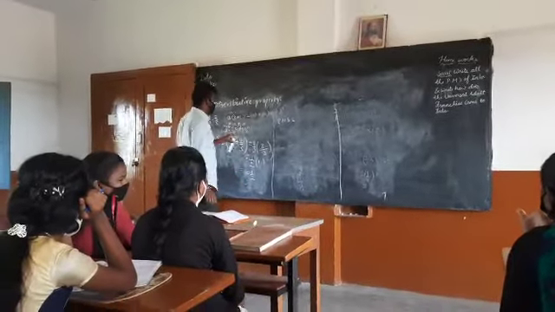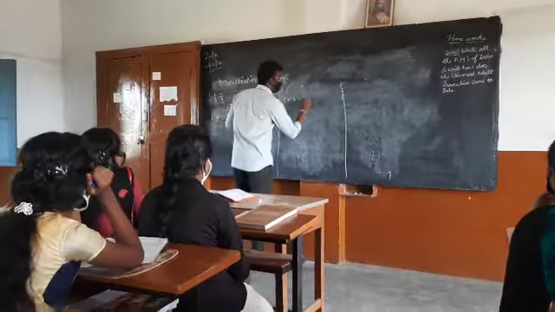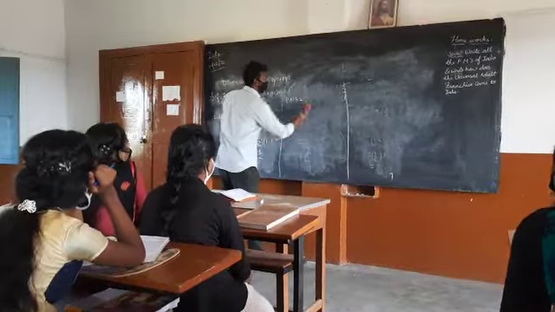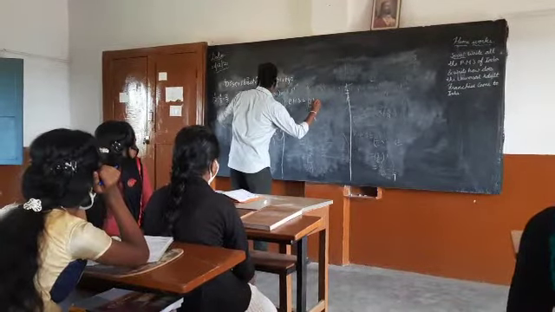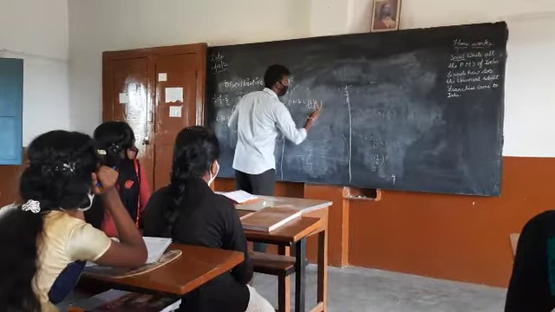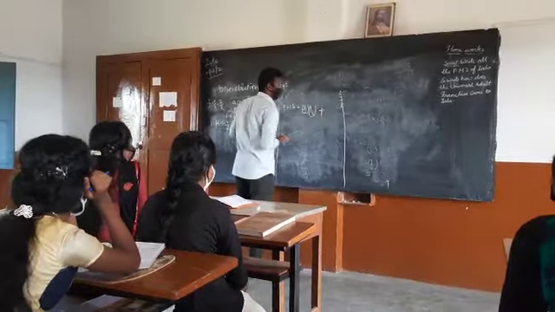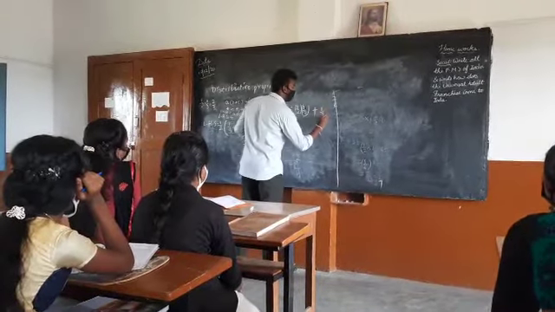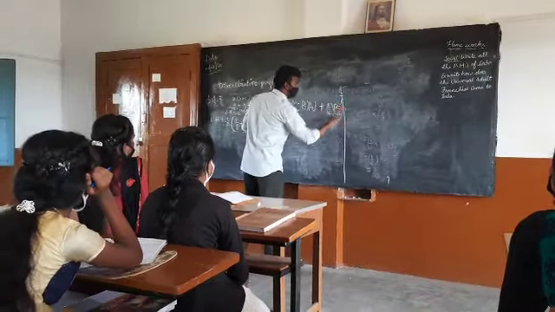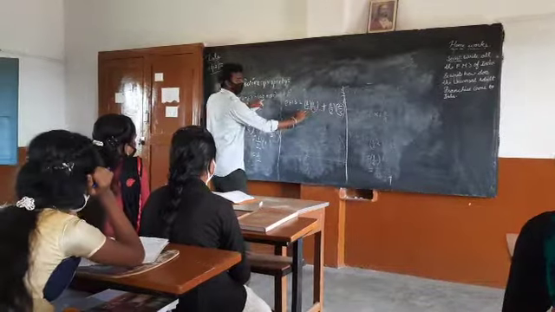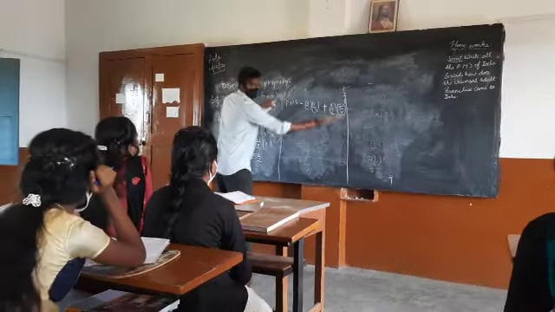AB star AC. That means AB plus AC. 1 by 2 into 1 by 3 plus 1 by 2 into 2 by 3. This is what AB plus AC meant.